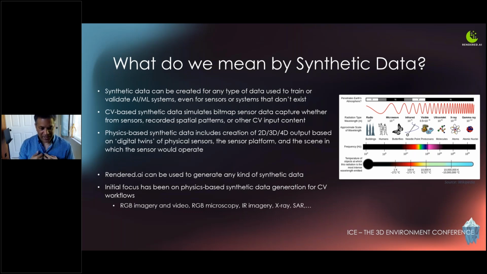But when we talk about generating synthetic data, or helping customers generate synthetic data with Rendered.ai, what we're talking about is effectively simulating the pixels in an image as if they had been captured using physical systems with specific sensor parameters and scenarios that could have been captured in the real world. And almost all of the imagery in my presentation is from Rendered.ai. So you'll see several examples of what that actually means.